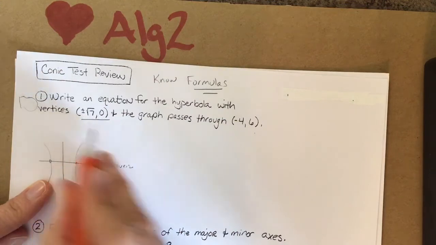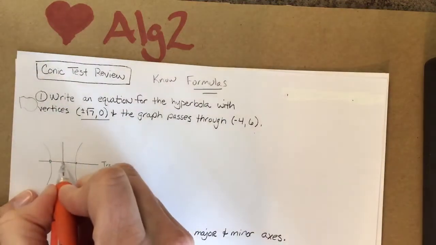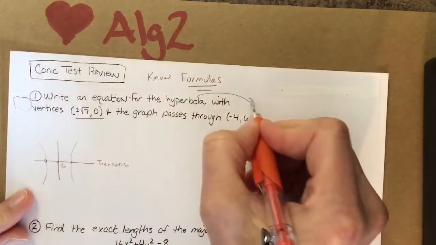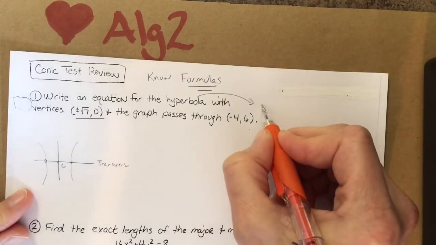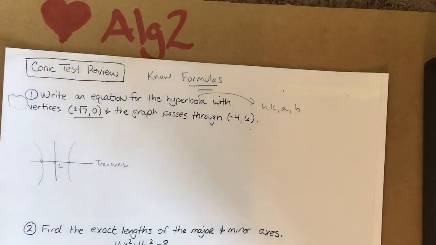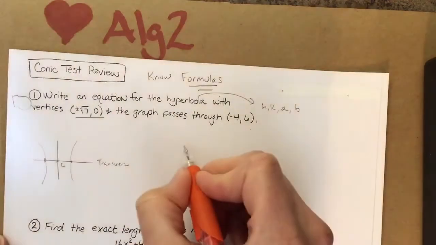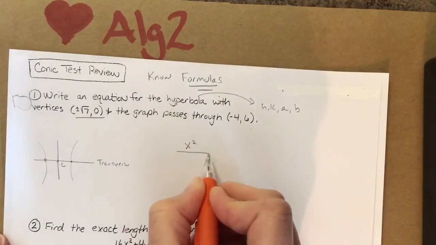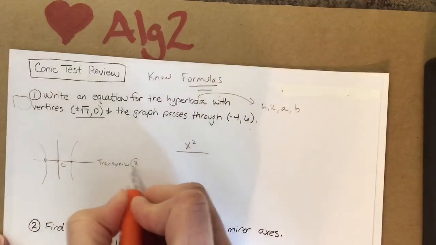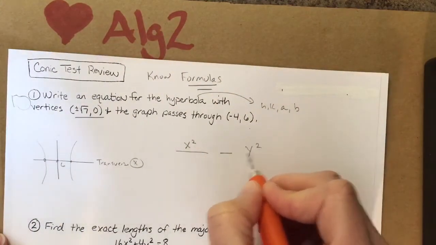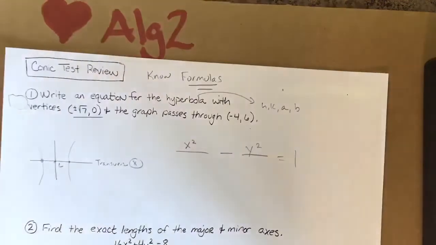Also, I need to know the center. Well, the center is 0, 0. To write an equation of a hyperbola, you need h, k, a and b. So this will be x squared over something first, because transverse is x, minus y squared over what equals 1.